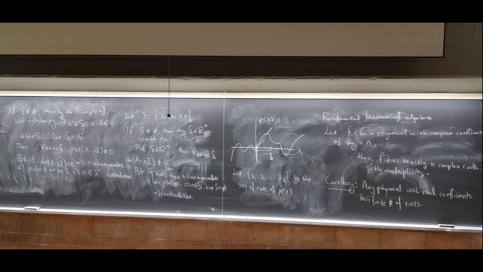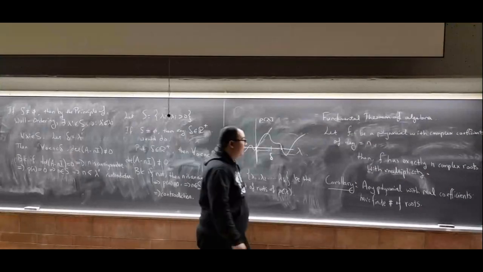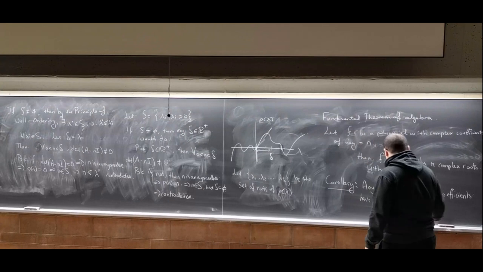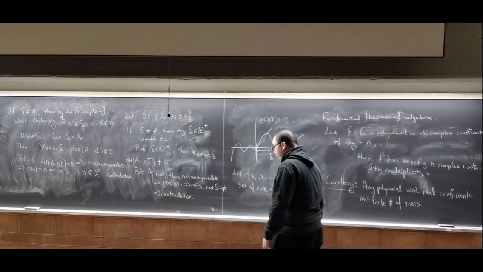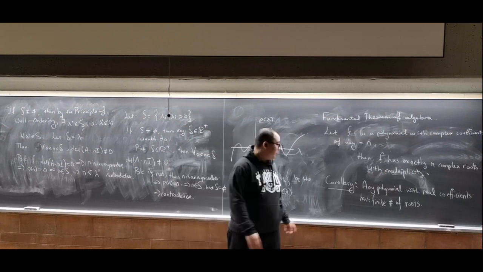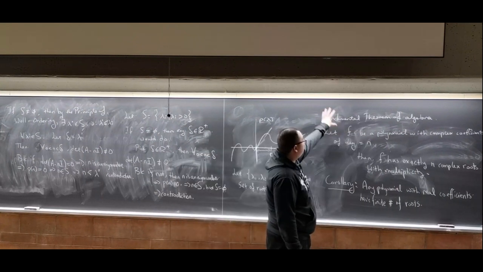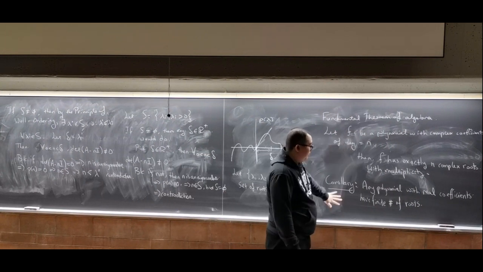Why did you write down the fundamental theorem of algebra? Well, I didn't use the fundamental theorem of algebra per se, but I used this corollary. Okay, I got the bottom part. Yeah, the bottom part, the corollary, is a result from the fundamental theorem of algebra, which is why I wrote both of them down.